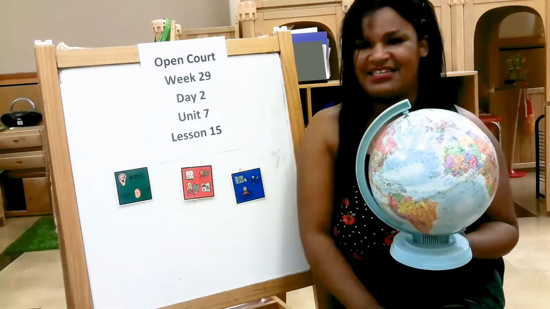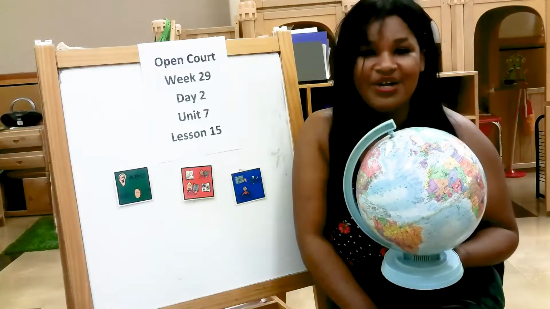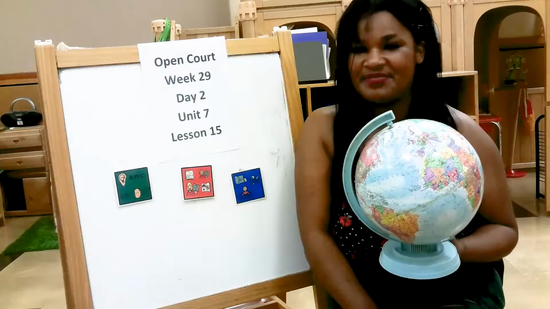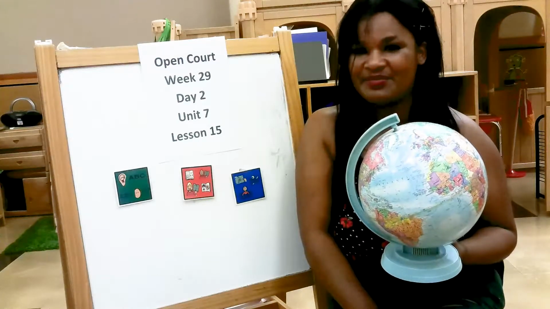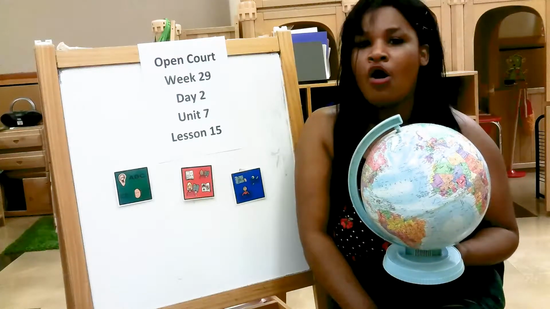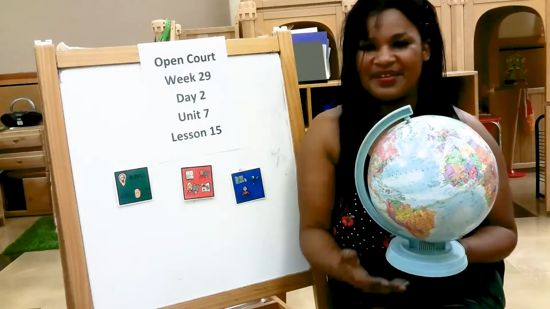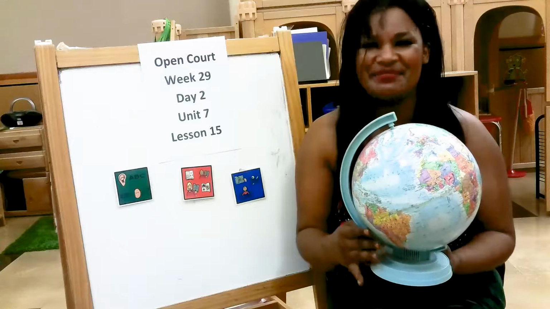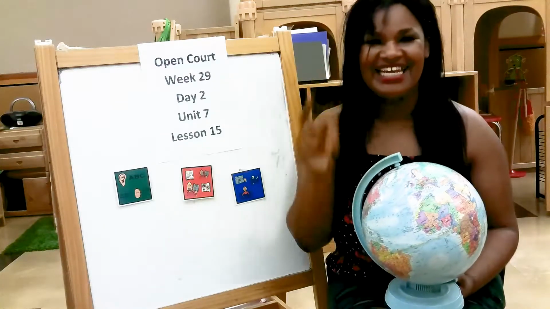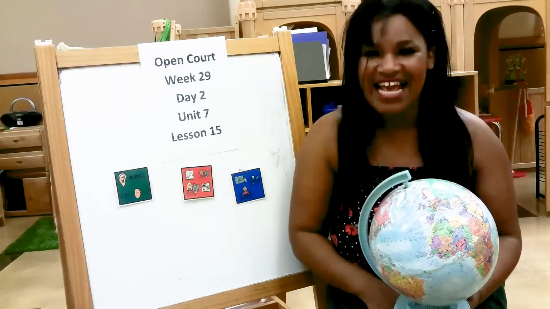Where is it? Is it in the beginning, the middle, or the end? Say the word again. Globe. The O is in the middle. Good listening. Now we can see what's next for green time.